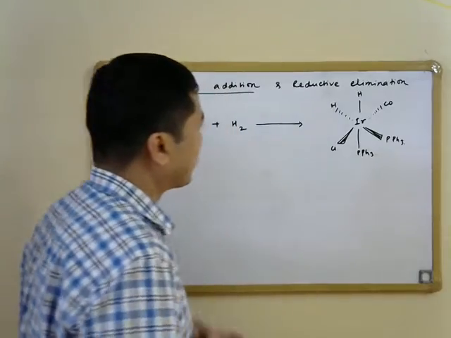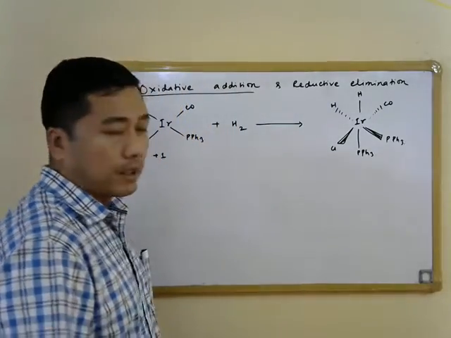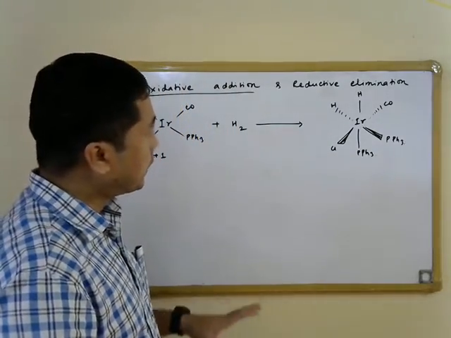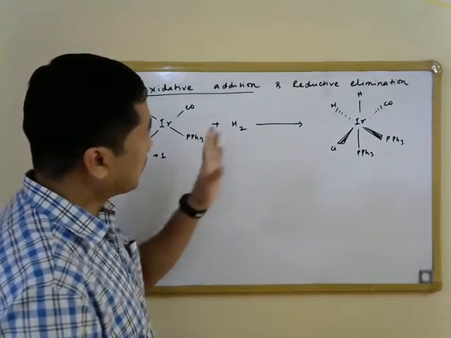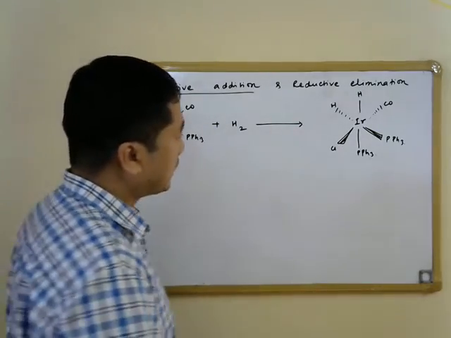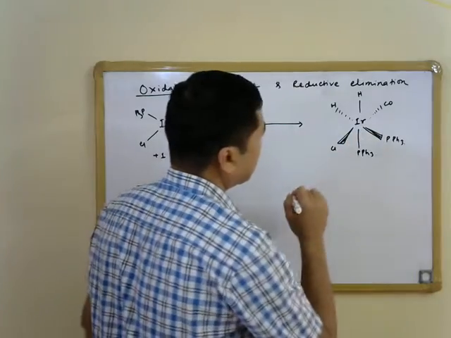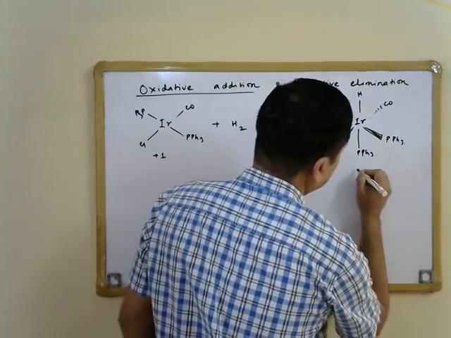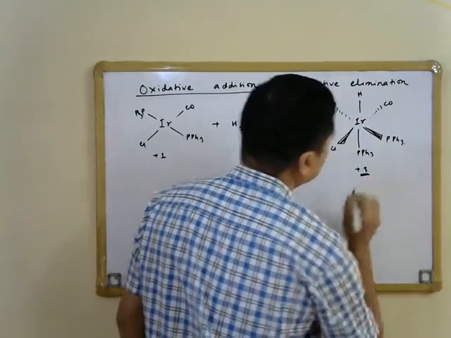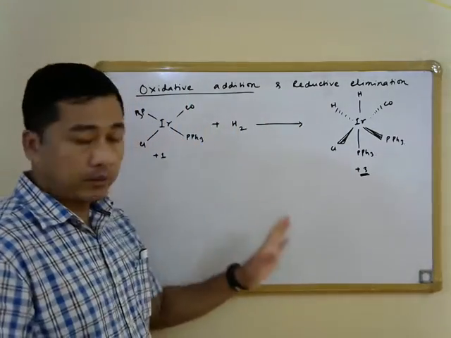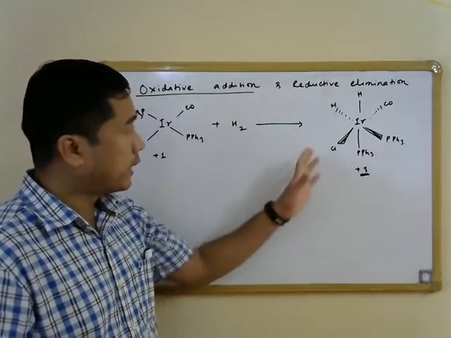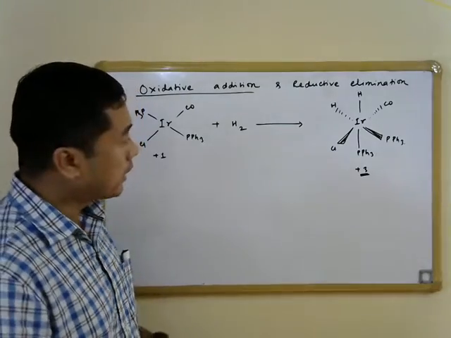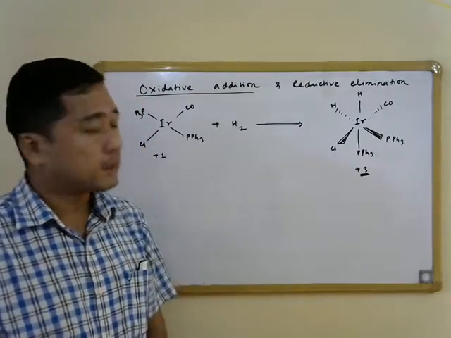So this is what we obtain, and what we see is that apart from the increase in the coordination number from 4 to 6, the oxidation state of the metal center, that is iridium, has also increased to +3. So with the addition of 2 anionic ligands, that is the hydrido ligands here, the oxidation state of the metal center has increased.